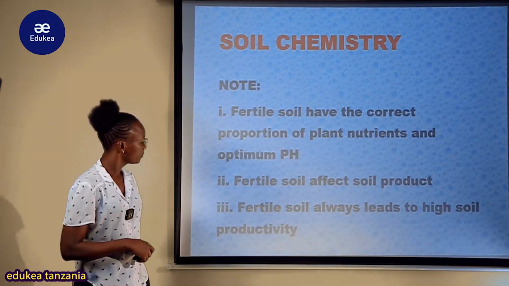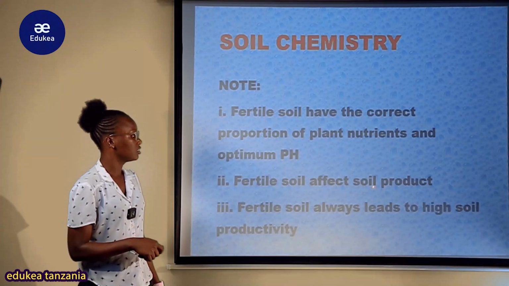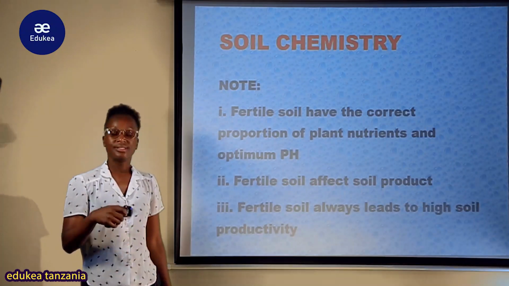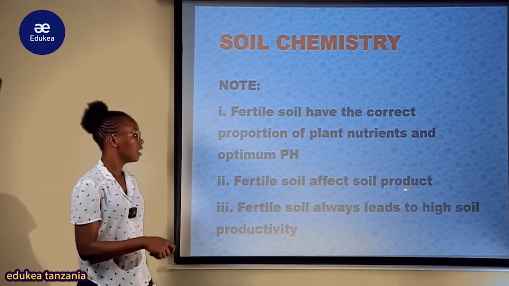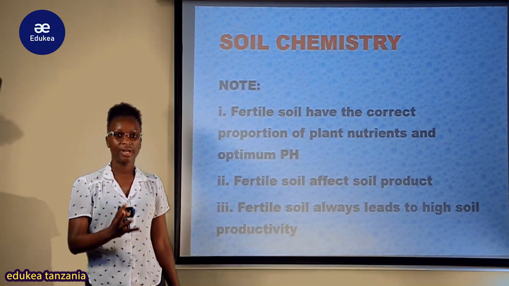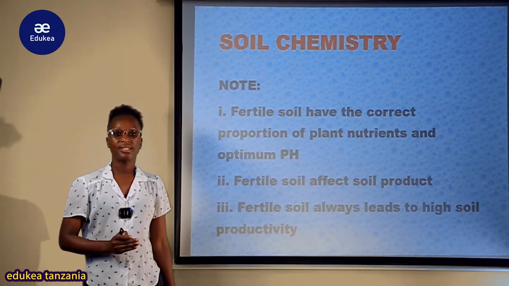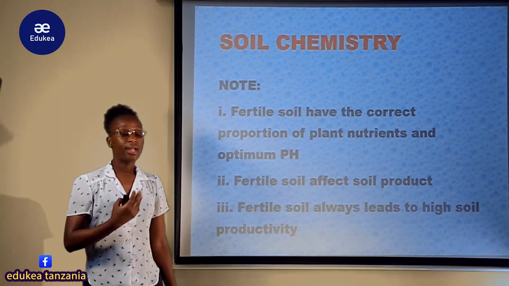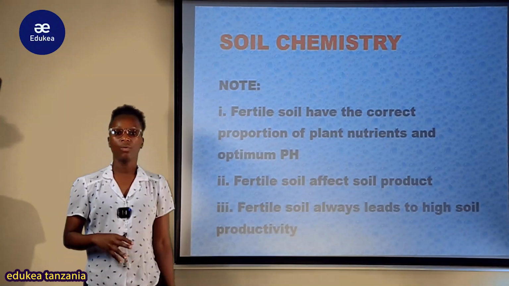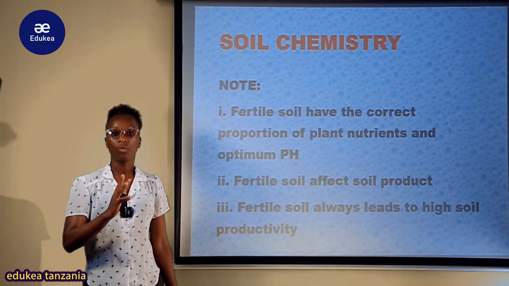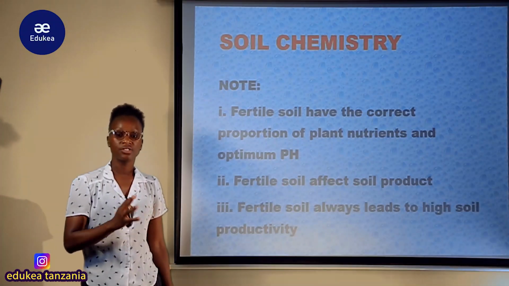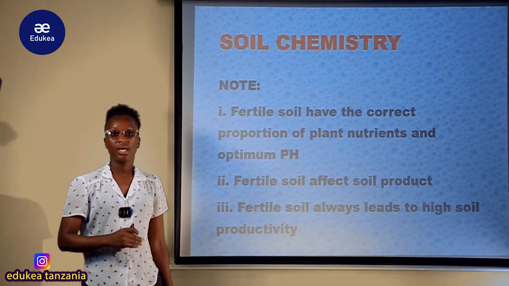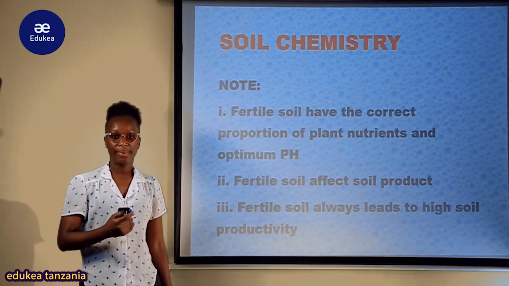Now fertile soil affects soil productivity. Simply kwamba fertile soil ina affect soil productivity. Ndio maana my students, kwenye introduction tumeona tofauti iliyopo kati ya soil fertility and soil productivity. Ina maana kwamba soil fertility, udongo utakuwa na ile ability ya kuhakikisha kwamba una hizo plant nutrients ili kusupport healthy plant growth.